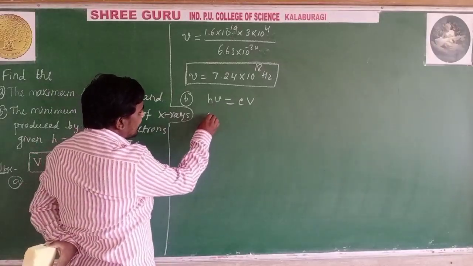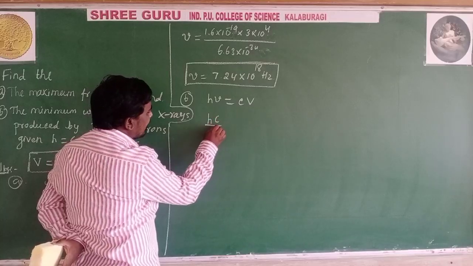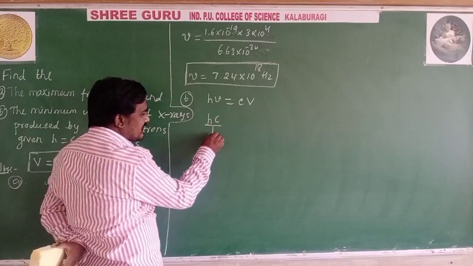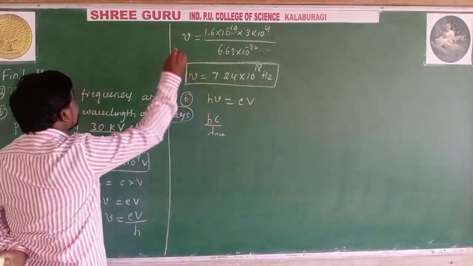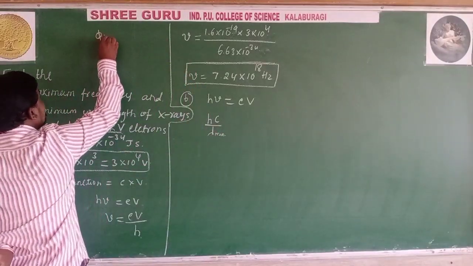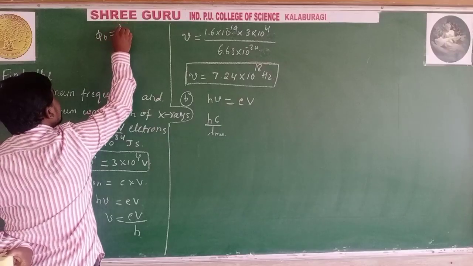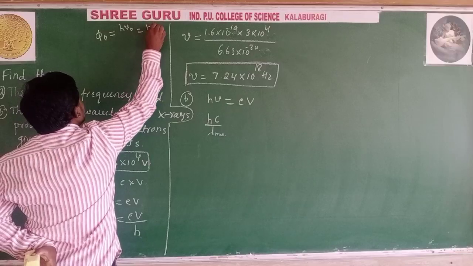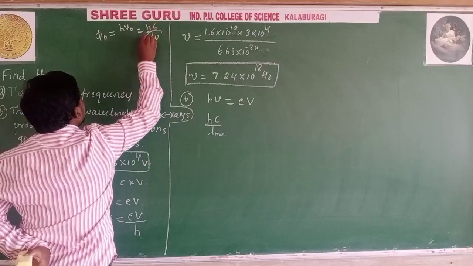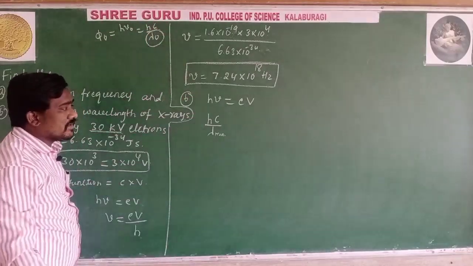Now we can write it like this, hc by lambda. This lambda is nothing but the minimum wavelength. If we are considering frequency in terms of work function, that is h nu naught or hc by lambda naught, this lambda naught is our maximum wavelength.